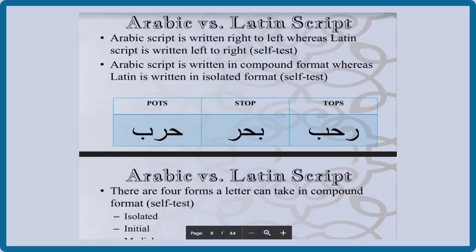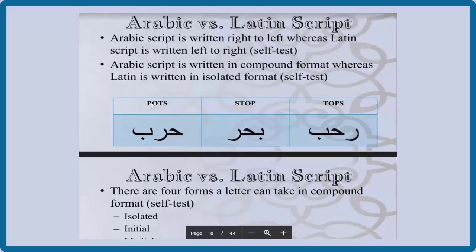And Arabic script is written in compound format, whereas Latin is written in isolated format, right? You can see here, there are different alphabets: pots, stop, tops, right?